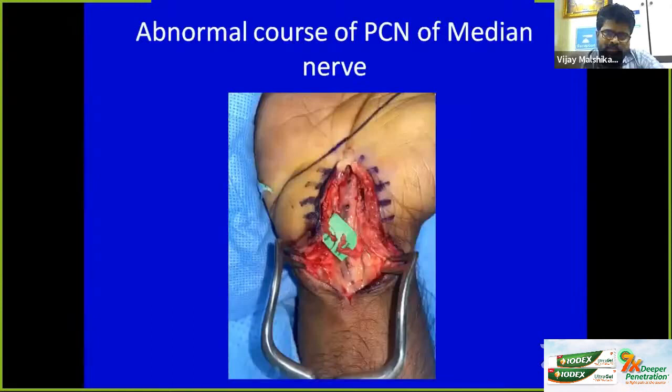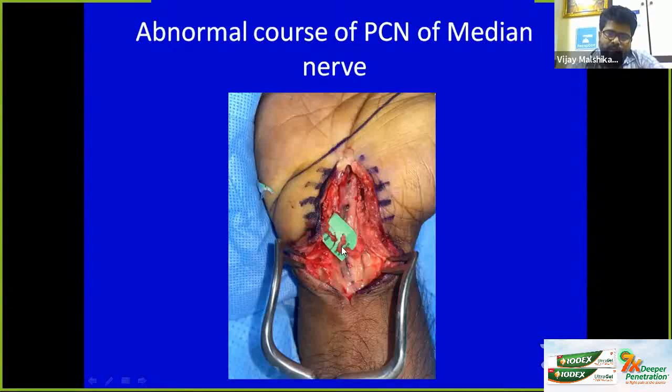If you see, this is the palmar cutaneous nerve of the median nerve. Basically, it has a course, and it supplies the radial side, but here it crossed to the hypothenar side, and it supplies the hypothenar skin.